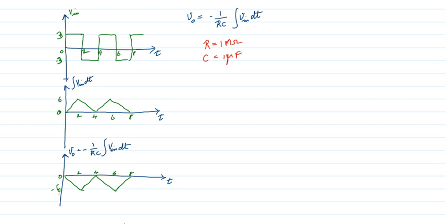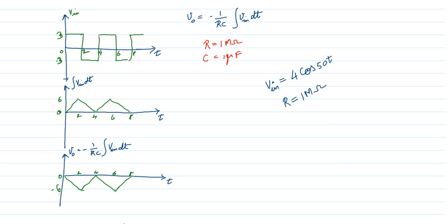Now I ask you to work out a practice problem. Let me say the input is 4 cos 50t. R value is 1 mega ohm.